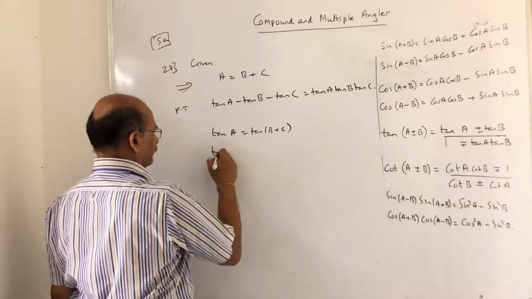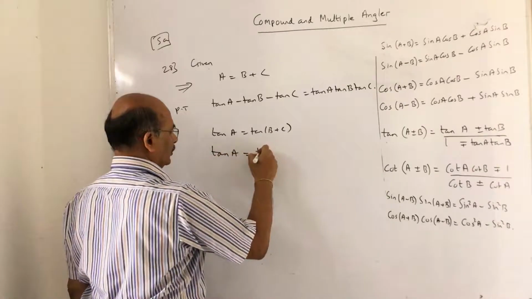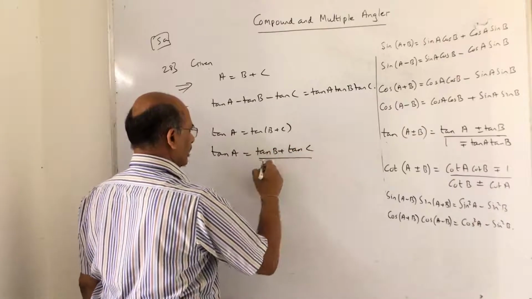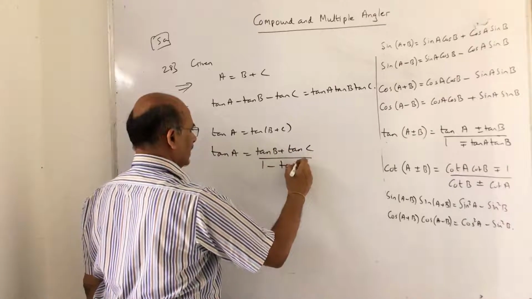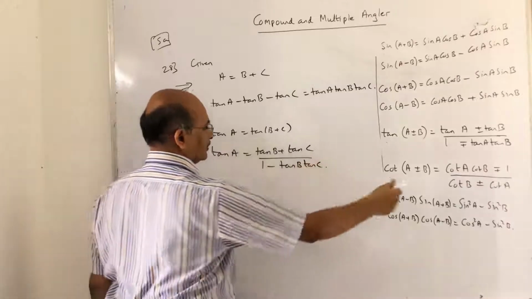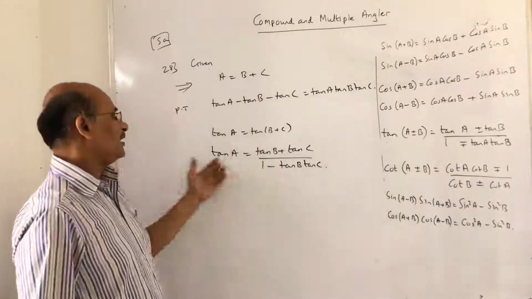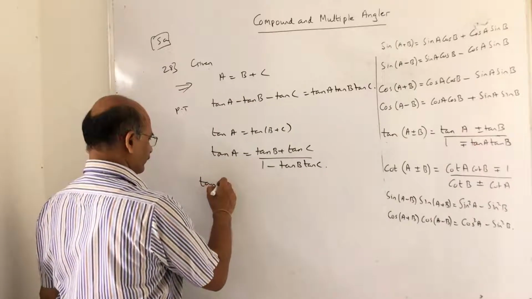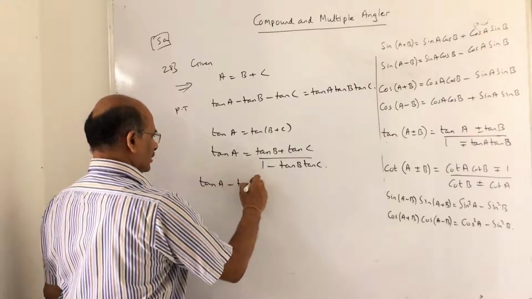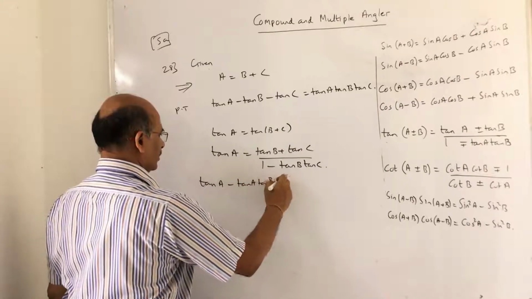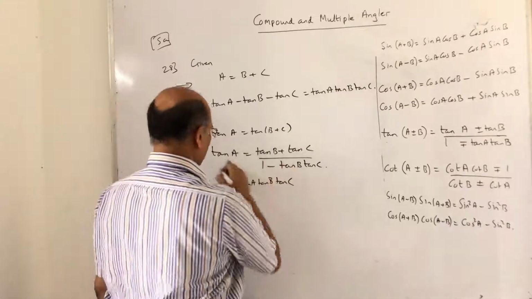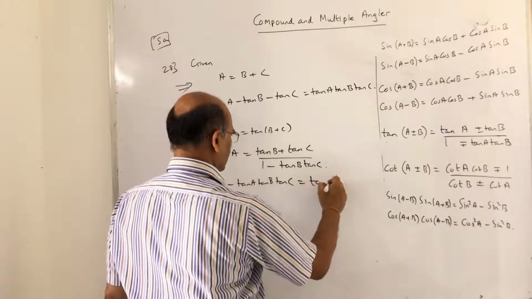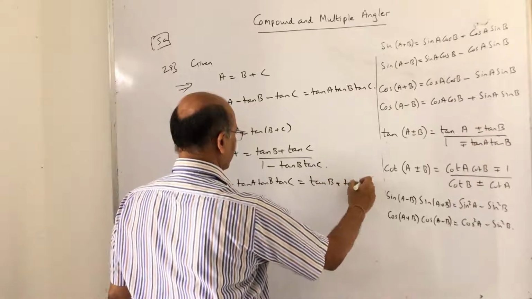So let us see. Tan A is equal to tan B plus tan C upon 1 minus tan B tan C. Cross multiply. So this will become tan A minus tan A tan B tan C, this into this is equal to tan B plus tan C. Same thing what you did in the previous sum.